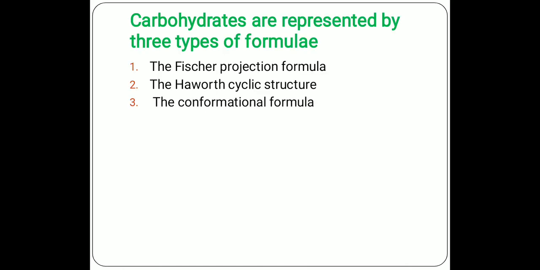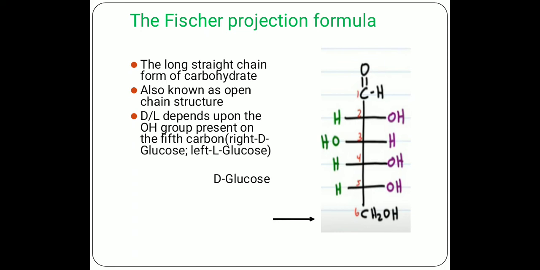Carbohydrates can be represented by three types of formula. First, the Fischer projection formula, then the Haworth cyclic structure and the conformational formula. The Fischer projection formula is the long straight chain form of carbohydrate. It is also known as the open chain structure.